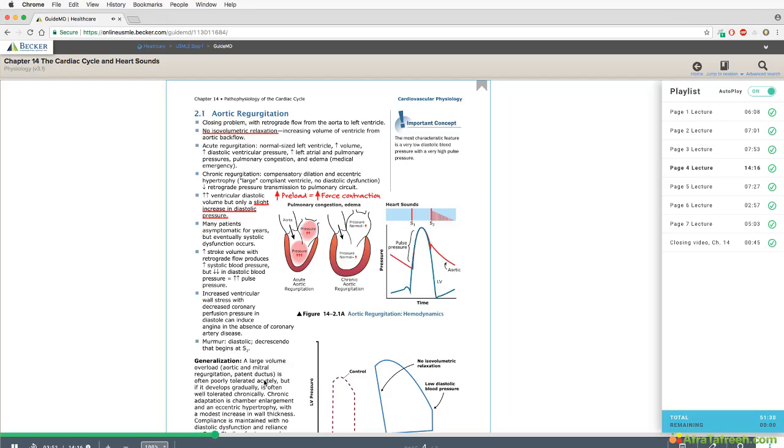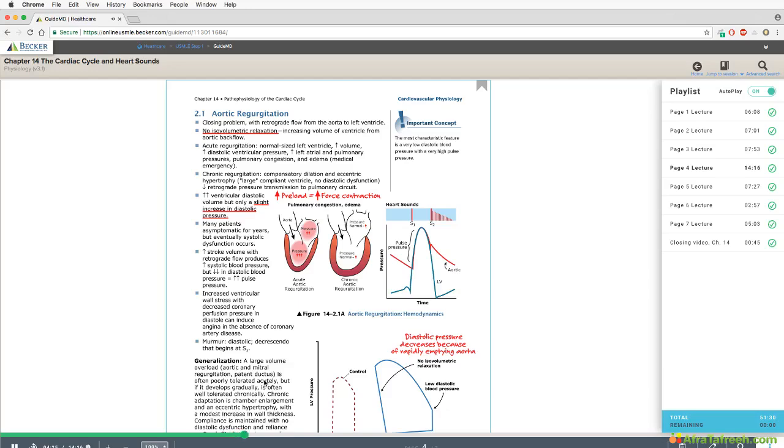In other words, you're very quickly emptying the aorta. Because of that, during aortic diastole, the pressure drops very quickly, and you end up with a low diastolic pressure. Very, very big point. Diastolic pressure is dramatically reduced because you're rapidly emptying the aorta.